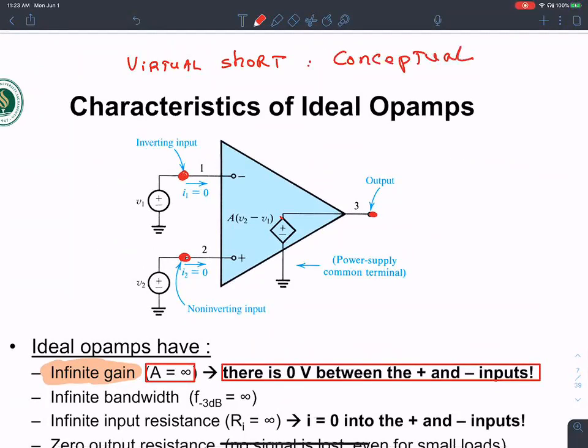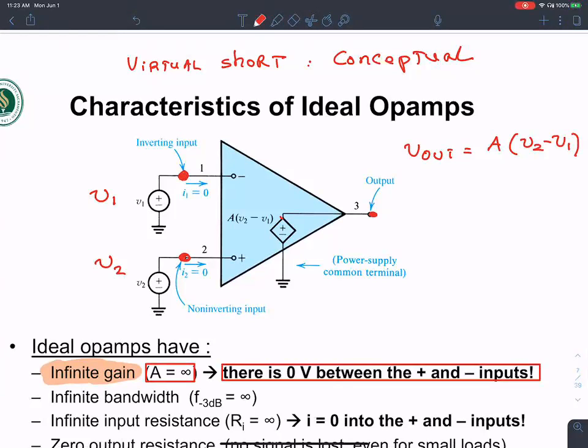There is no short between these two terminals. All we know is that if I apply V1 to terminal 1 and apply V2 to terminal 2, V output is going to be A times (V2 minus V1). Does that make sense?